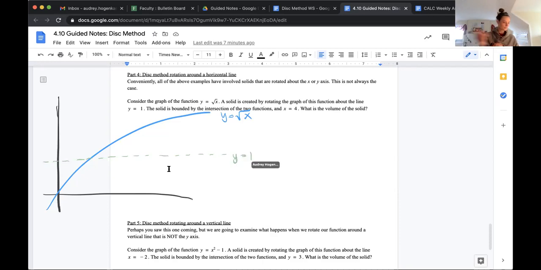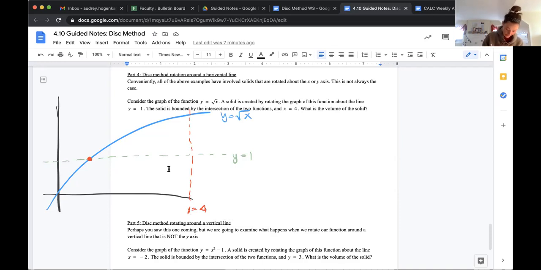And the solid is bounded by the intersection of the two functions, which I'm going to put in red right here, and x equals 4, which is right here. What is the volume of the solid?